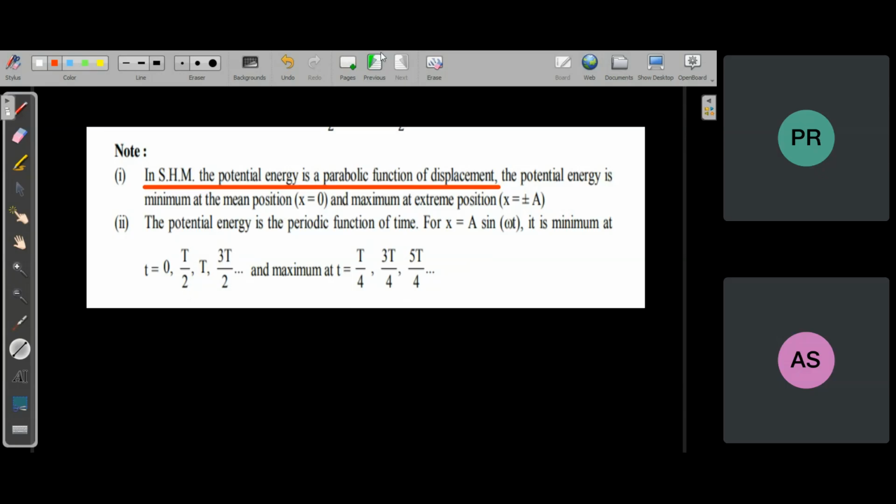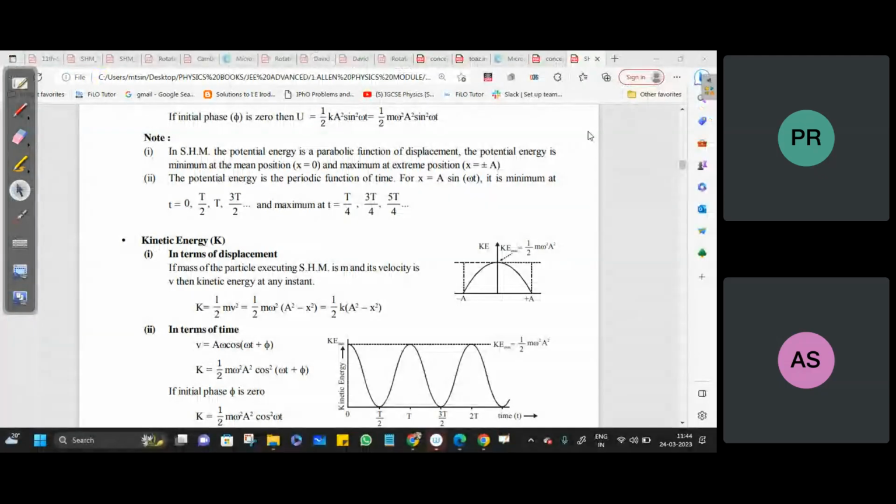And here you have to understand that potential energy also oscillates. Oscillate means that when the particle is doing SHM, potential energy becomes minimum, then maximum, then again minimum, then again maximum, like that. It keeps on fluctuating. So when the particle completes one oscillation, the potential energy completes two oscillations.